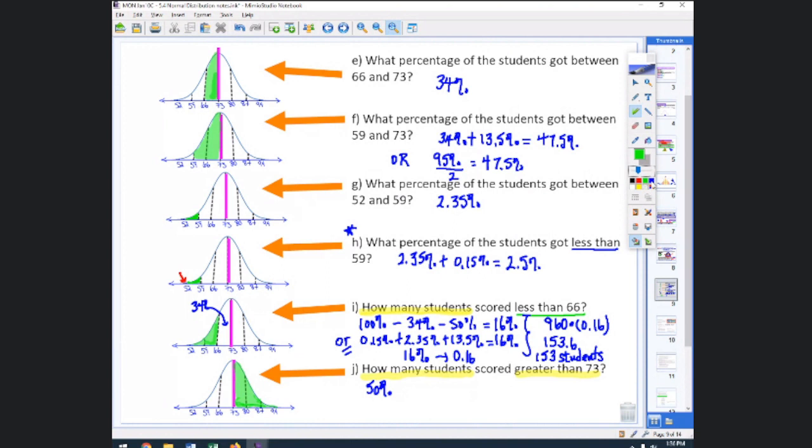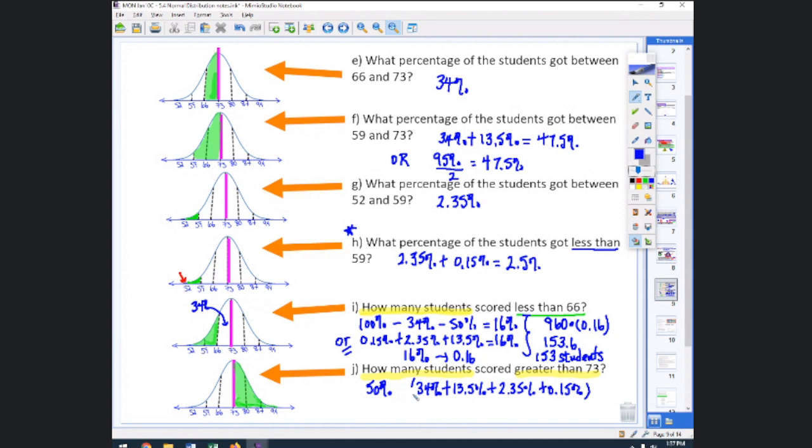So it's 50%. If you're not sure how we get that, this first one's 34. The next one is 13.5. The next one is 2.35. And the last one is 0.15%.